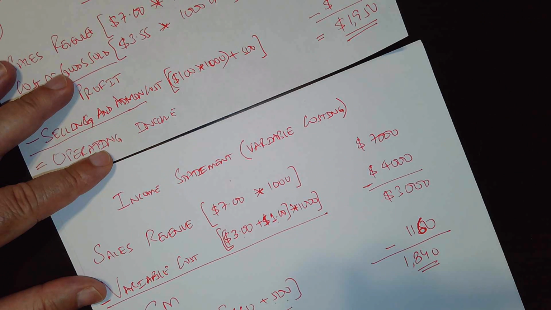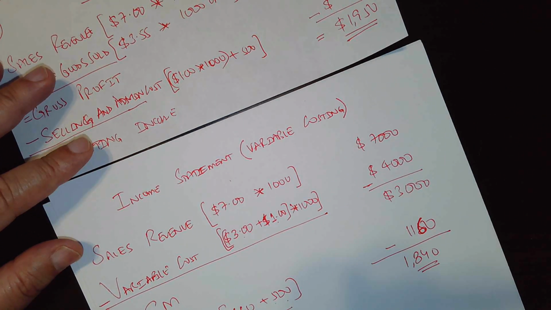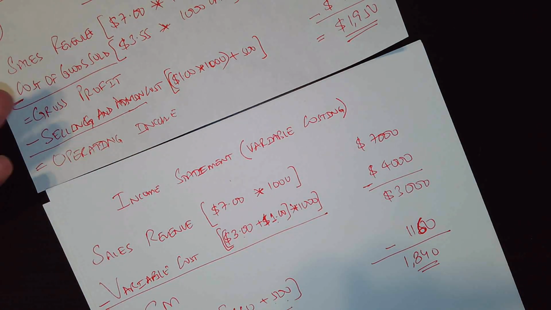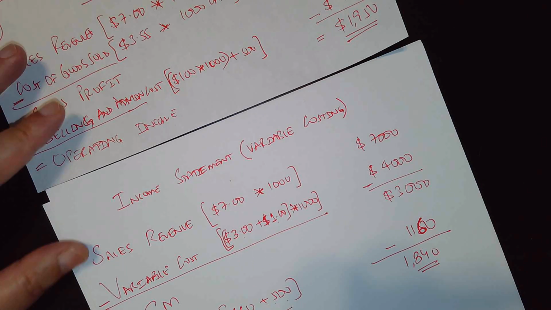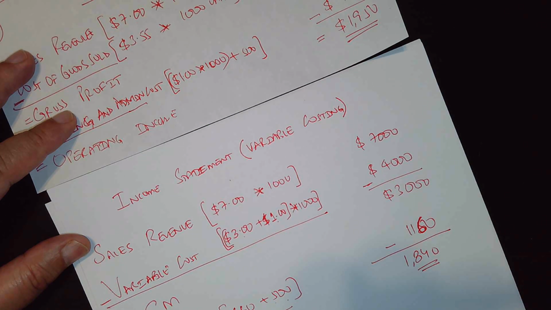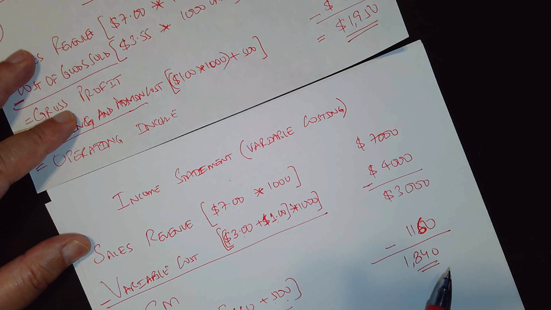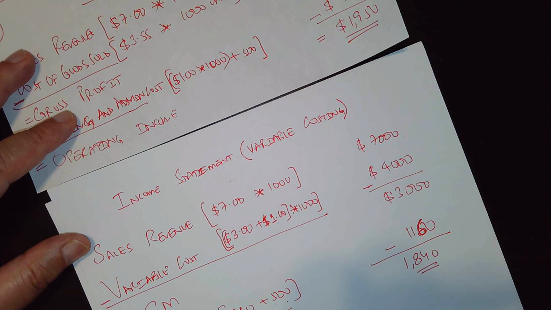But in variable costing, you have to take into consideration what you have produced as well. So you notice we produced 1,200, but we only sold 1,000. If we had produced 1,200 and we sold 1,200, the operating income for both these numbers would be the same. Otherwise, they will be different.